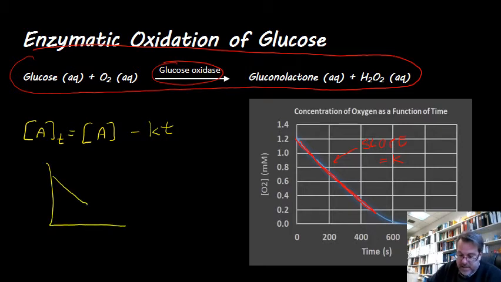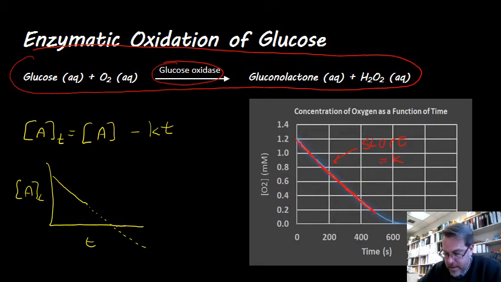And if t is large enough, it would seem that you could eventually get a negative concentration, and we know that that doesn't make any sense. So what happens down here at the bottom of this graph, and why does this not become negative?